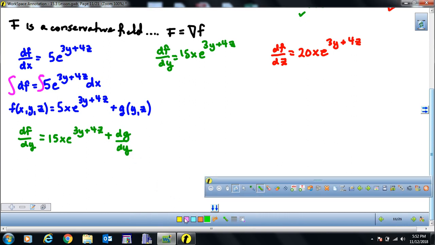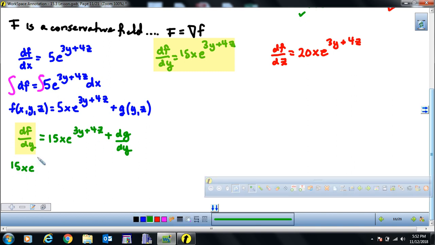But we know that this is equal to that, so we're going to replace it in here. So that is 15x times e to the 3y plus 4z equals 15x times e to the 3y plus 4z plus the derivative of some function g with respect to y.